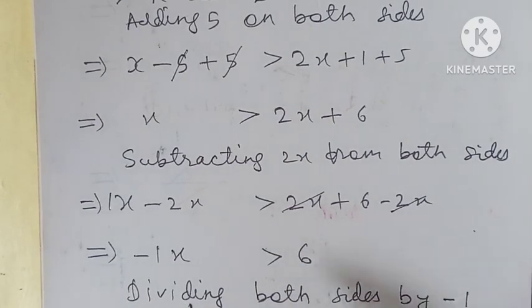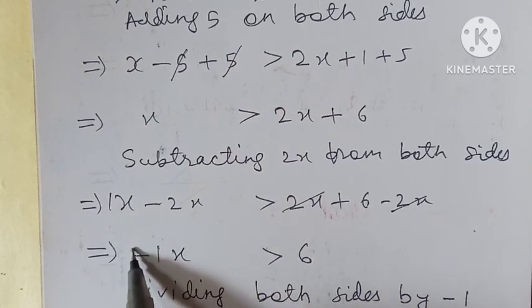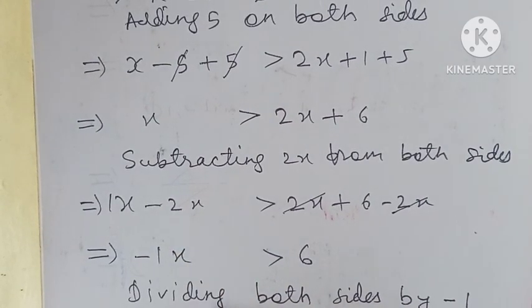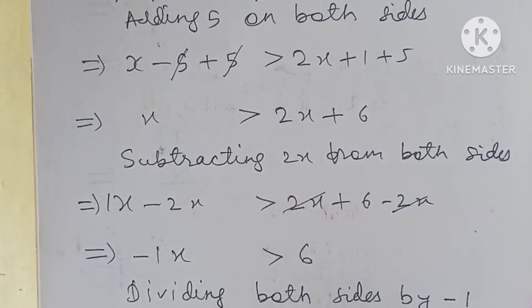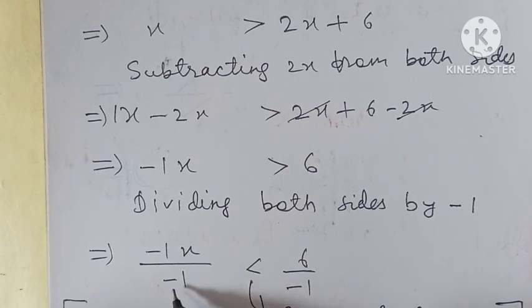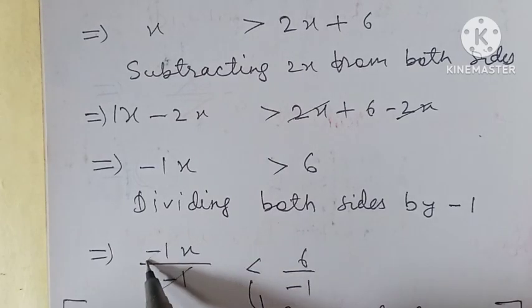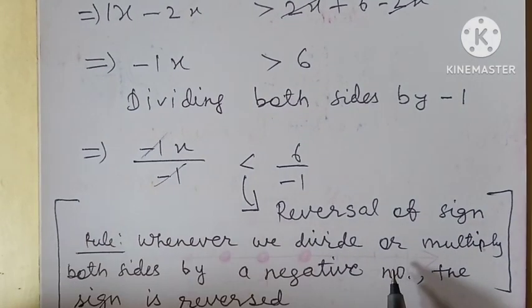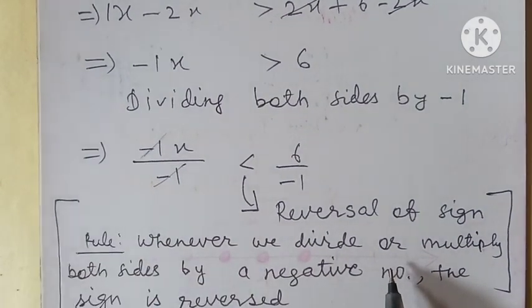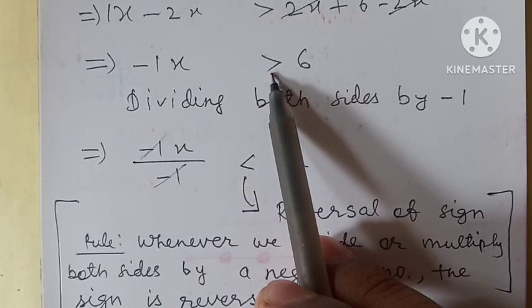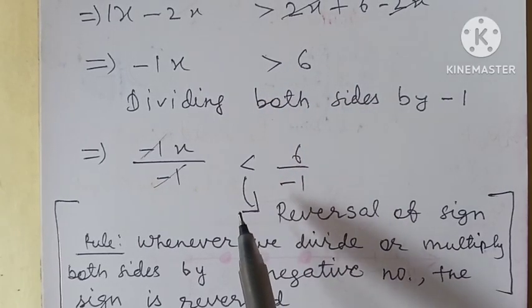Now we have to find the value of x. So we have to remove this -1. For that, we have to divide both sides by -1. Then these are cancelled. And we have x is less than -6. You may wonder that here it is greater than and here it is less than.